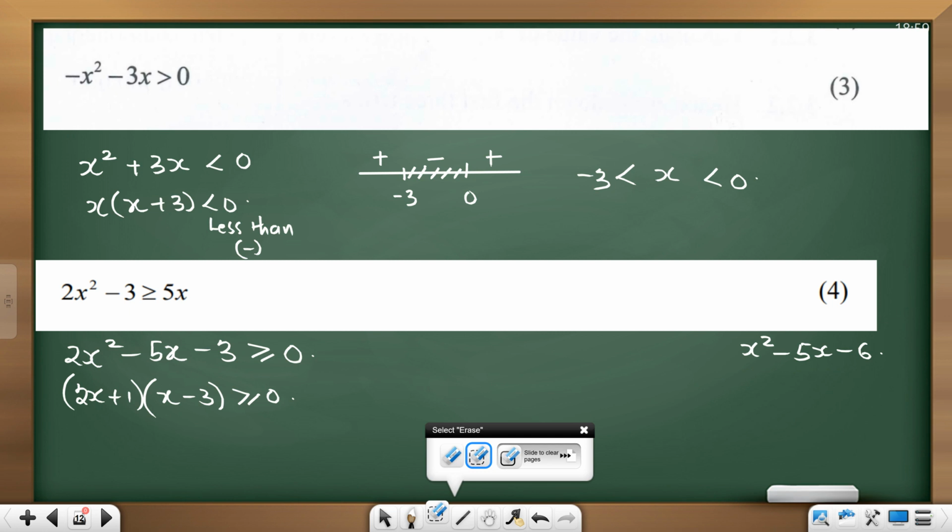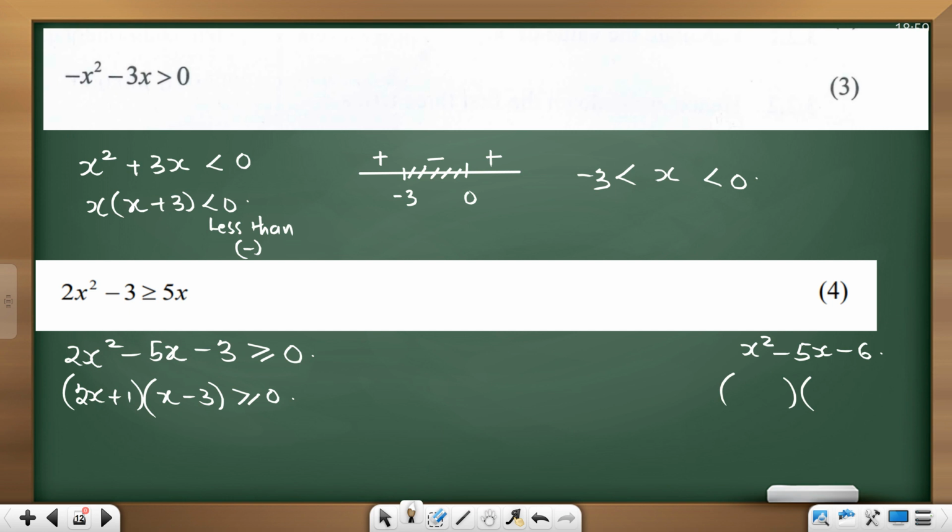Look, 6 and 5 is always a problem. I know this story of 6 and 5, because you have 2 and 3 and you have 6 and 1. But how do you know which one to use? 1 minus 6 would give me negative 5. And if I multiply these two, positive 1 times negative 6, I'll have negative 6.